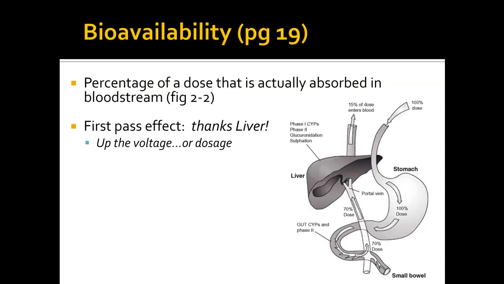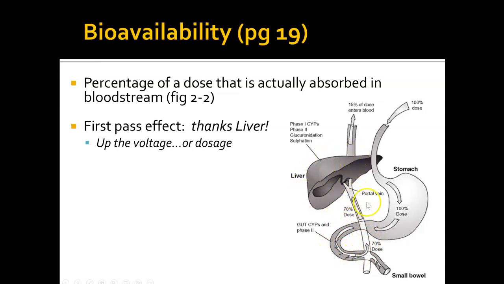Ultimately, we're talking about how much of a dose is available to our body. How much can we get through? Especially if we're taking drugs orally and putting them through our gastrointestinal system, getting through the stomach, the intestines, it's going to go through the liver.